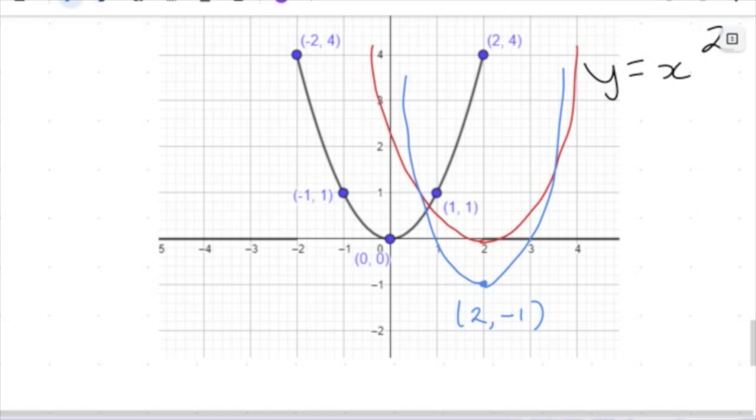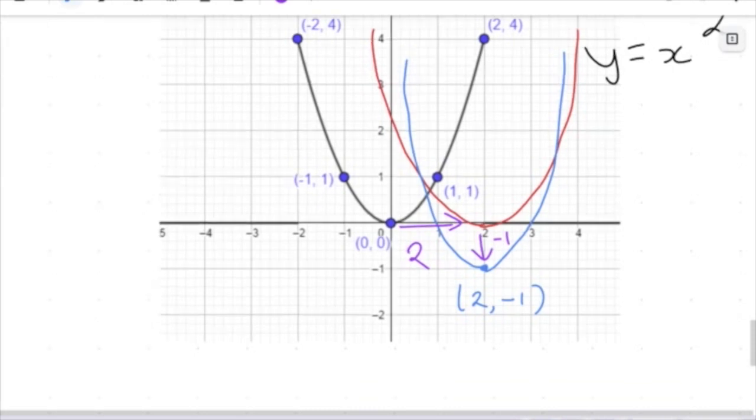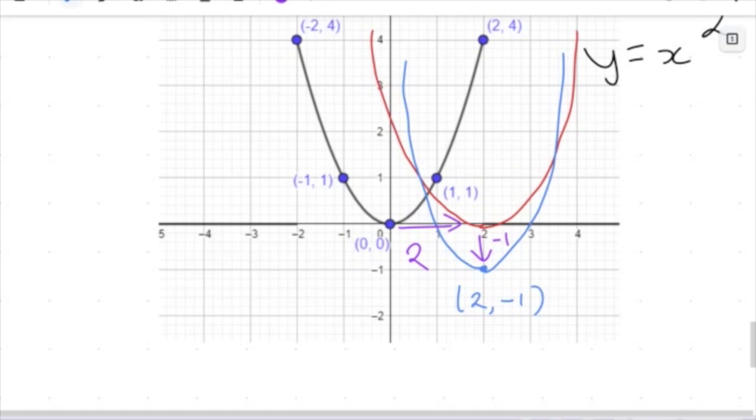So we can see I've gone 2 units to the right, and then I've also gone 1 unit down. That's given by this negative. So I've moved -1 units in the y direction. So each of these points are moving here. But I'm measuring this from my vertex because it's the easiest place to think of these shifts as moving from. And this guy here, 2, -1 is my turning point.